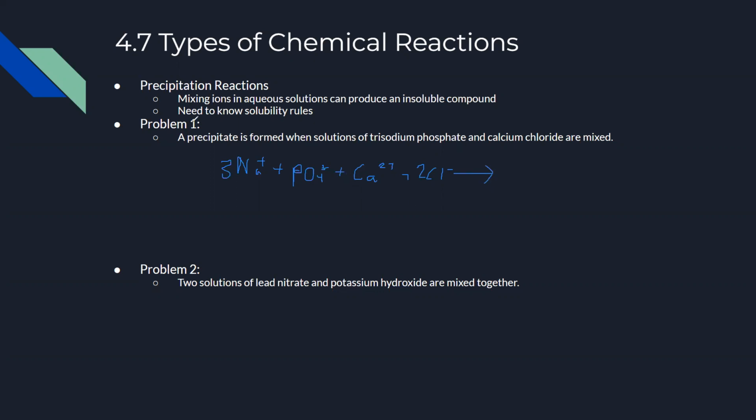Once you have the NaCl, you have to multiply all of it by 3 and 2 in order to get 6. So you have 6 Na plus, 6 Cl minus, and let's change that.